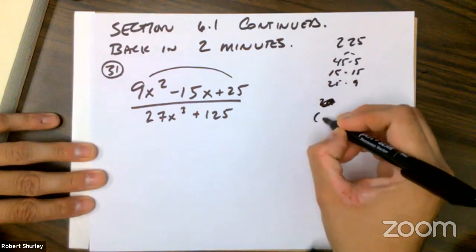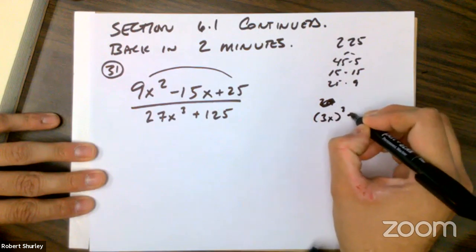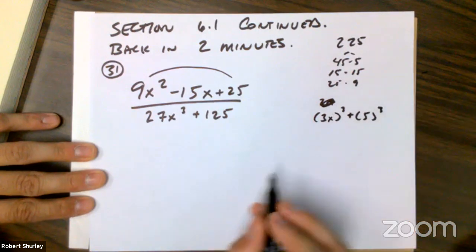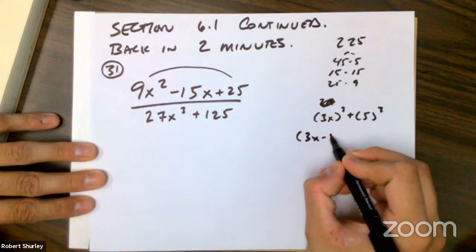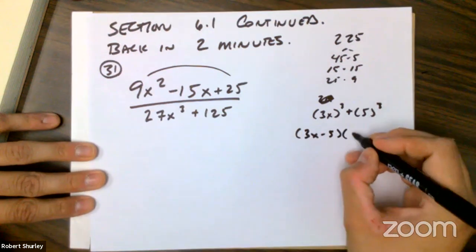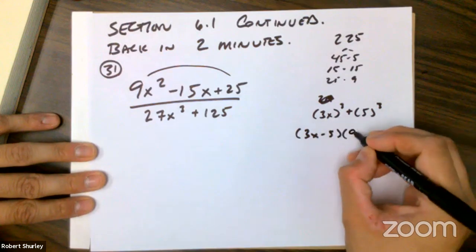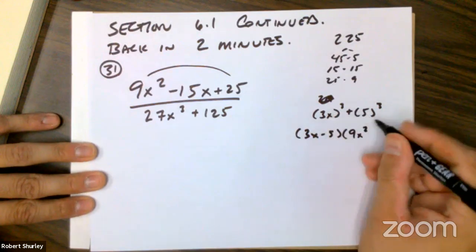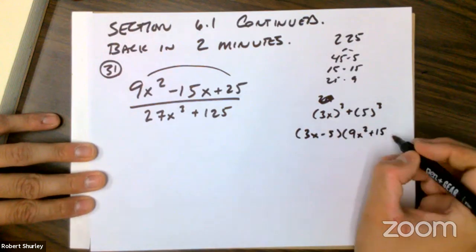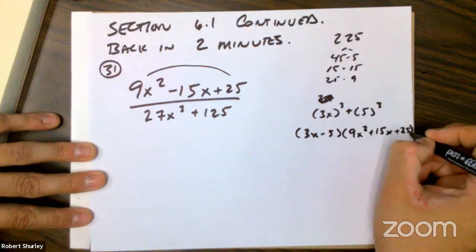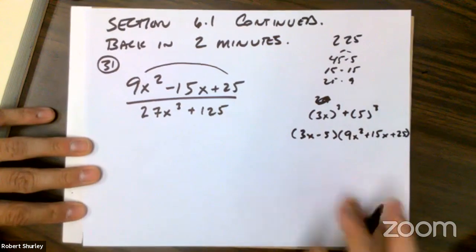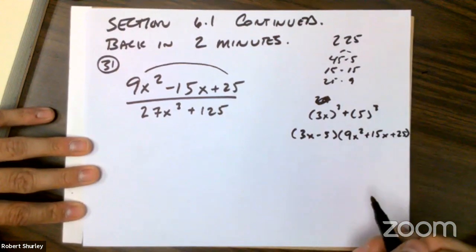It's 3x cubed plus 5 cubed. So the bottom does factor into 3x minus 5 times, now you have to square the first term, so that's 9x squared, multiply them together, that's 15x, and then the last one is squared. Oh, wait, no, that's still a minus sign there. Hold on.